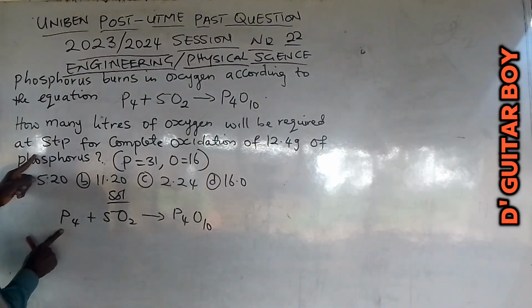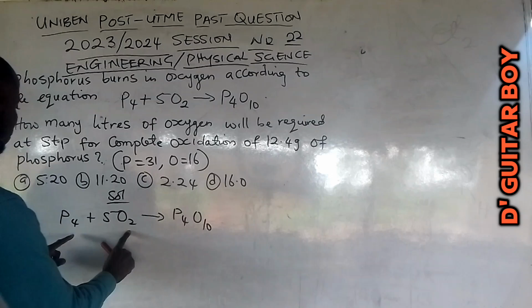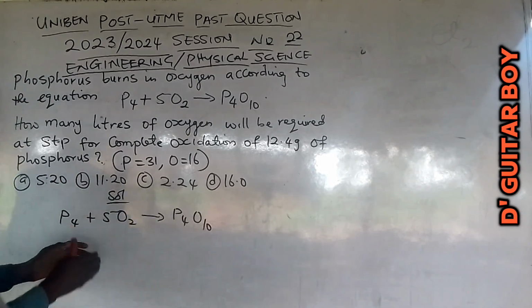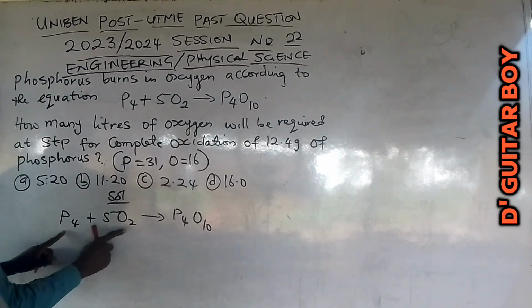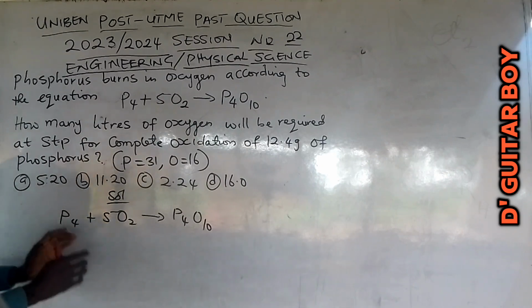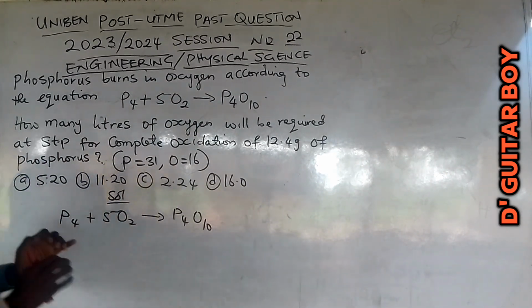You see it? Oxygen, phosphorus. The relationship is going to be quantitatively measured between phosphorus and oxygen. So that's the first step. You have to know where the relationship lies, and you have to know your reference point.